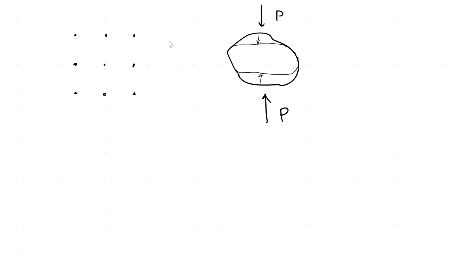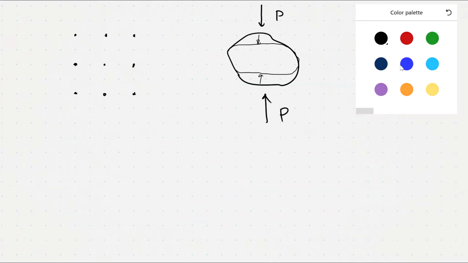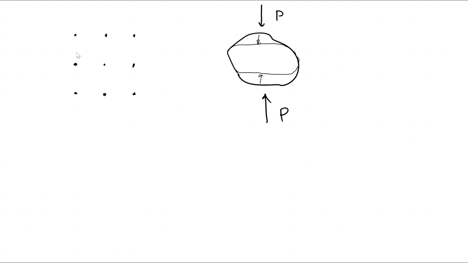But what you would see at the crystal, at the atomic level, is that if you take this atom as a reference, this atom will move and it will become closer. And this atom will become closer, closer, closer.